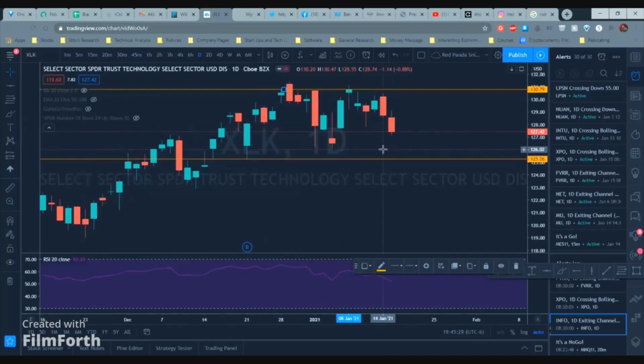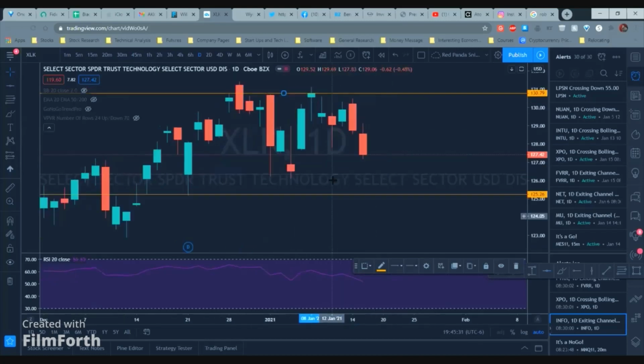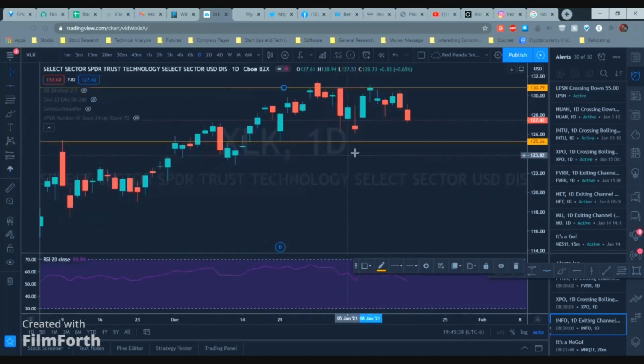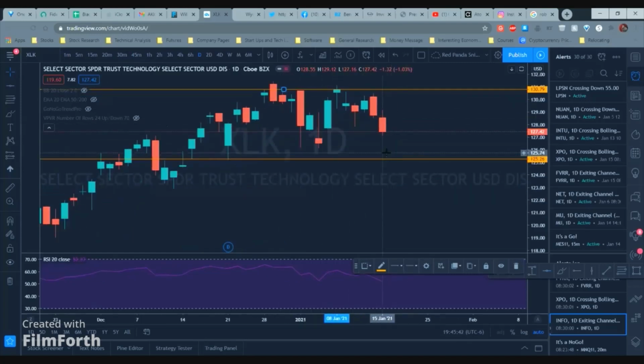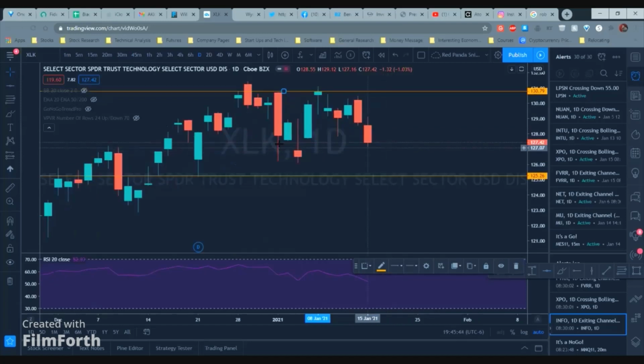This doesn't tell me much either, but it does look like it's getting ready to sell. So I don't like that. Yeah, it's really consolidating. Test, fail, upthrust.